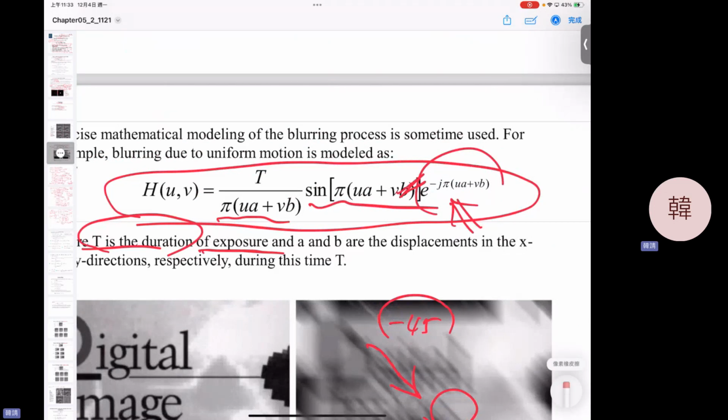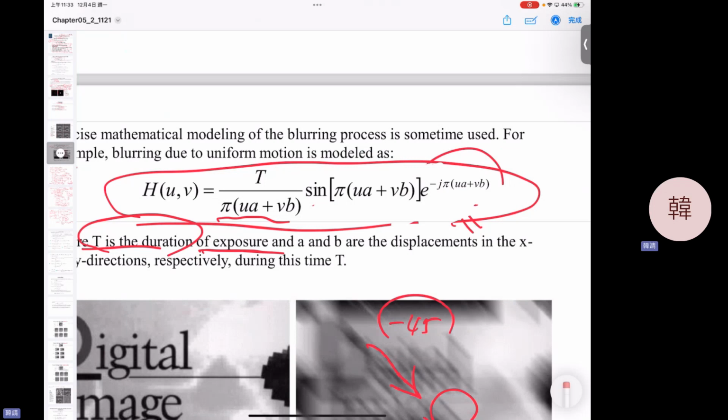So you know how the textbook writes this immediately, because we assume in the y direction that in exposure time capital T seconds, they move b pixels, b distance, and in the x direction they move a distance.